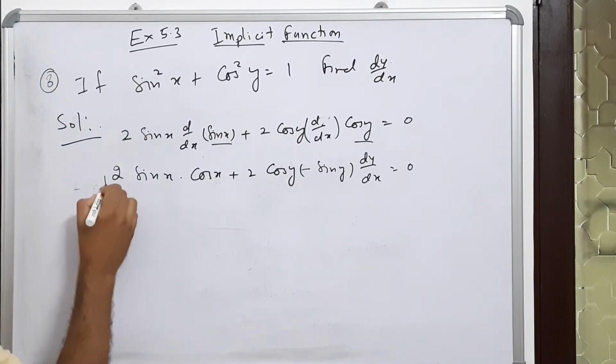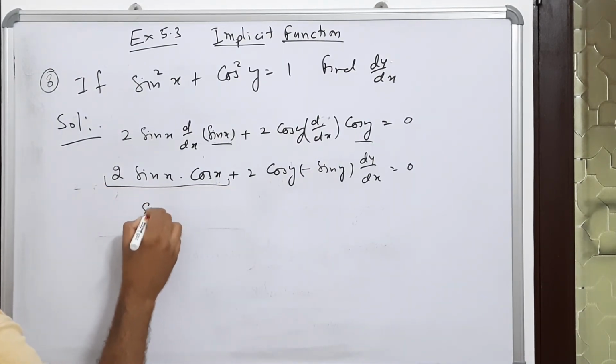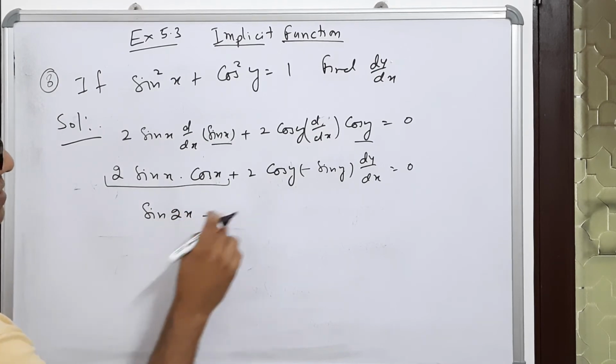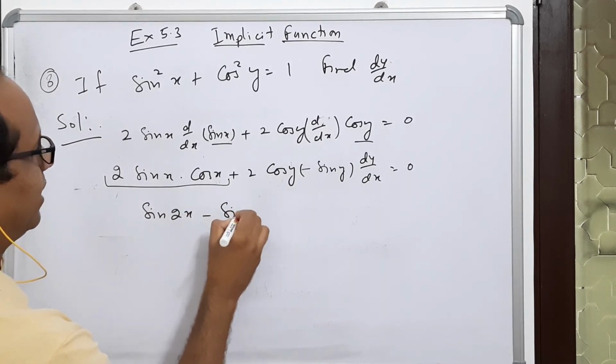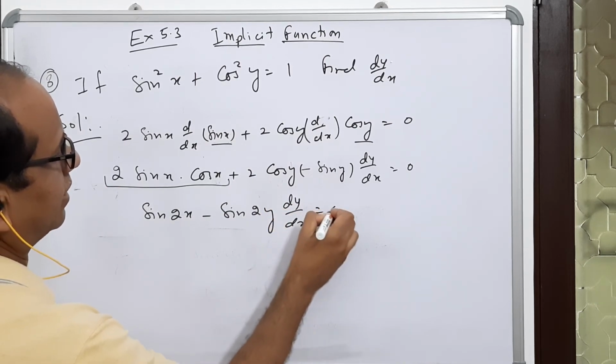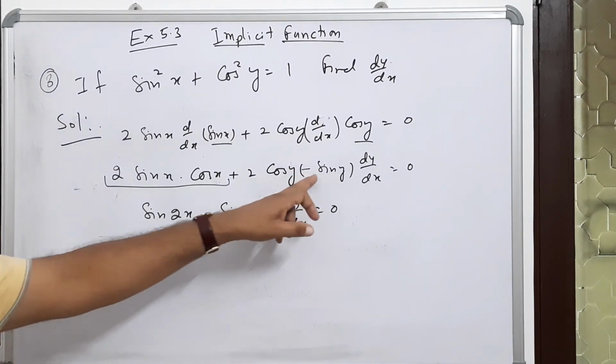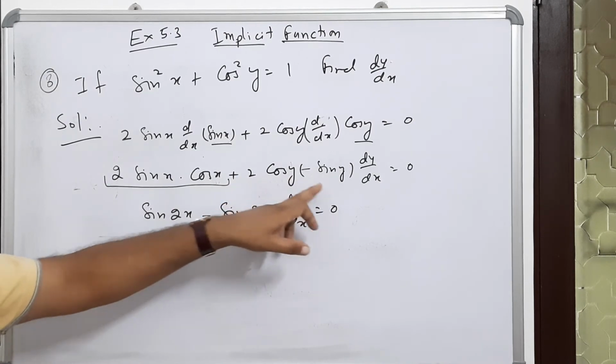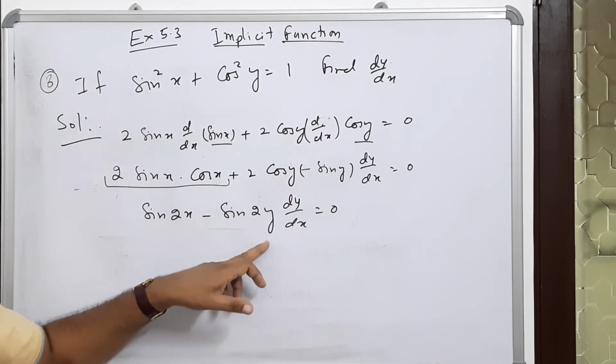Now you know the formula that 2 sin x cos x is sin 2x and this will be sin 2x, minus sin 2y dy by dx and equals to 0. See, this minus will be here. 2 cos y sin y will be sin 2y.